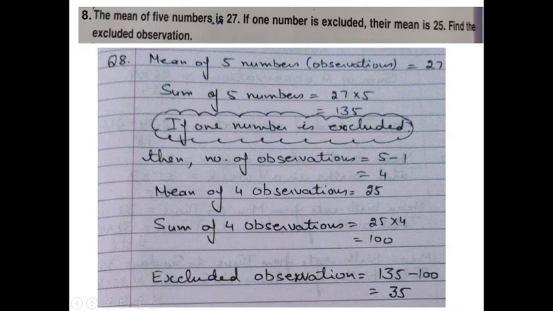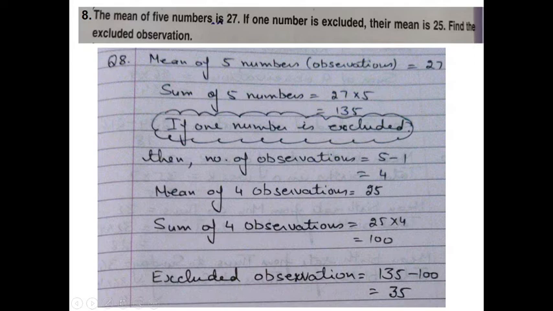And further it is written, then their mean is 25. So the mean of 4 observations is 25. Therefore, the total sum of 4 observations will be 25 multiplied by 4. So it would be 100.